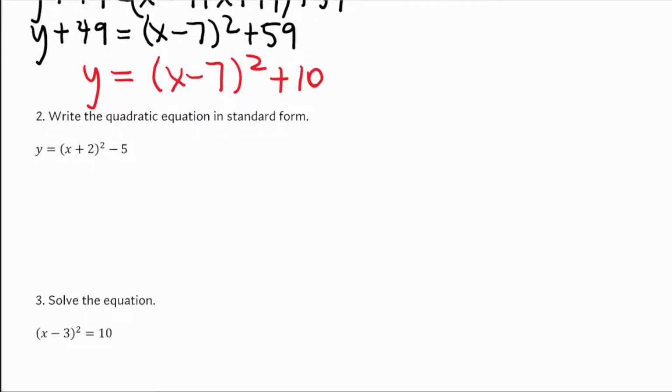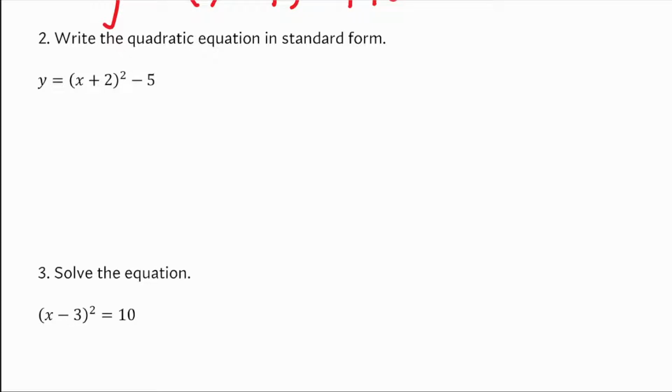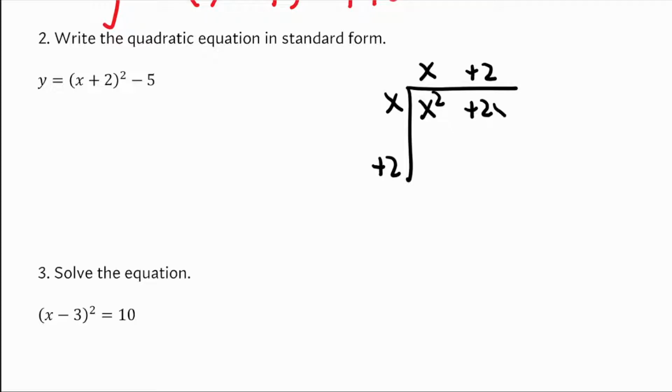And we're going to go backwards. We're going to write this quadratic equation in standard form. So I need to do a little bit of work off to the side to square this x plus 2, and then I'll subtract 5. So I've got an x and a plus 2. I'm going to multiply that by another x and another plus 2. I'll have x squared plus 2x plus another 2x and 4.